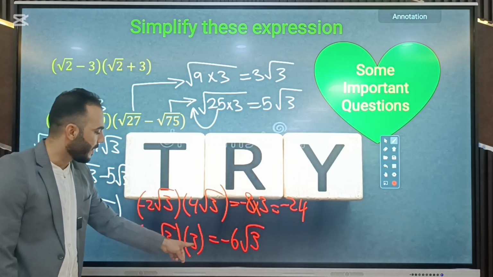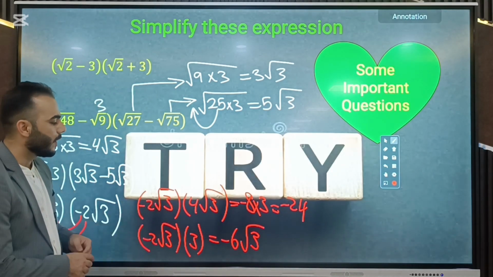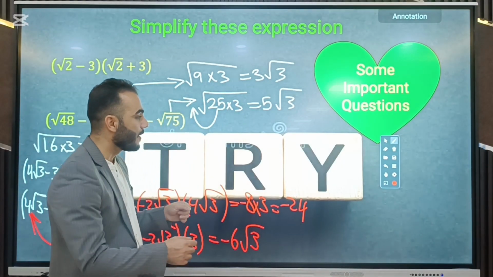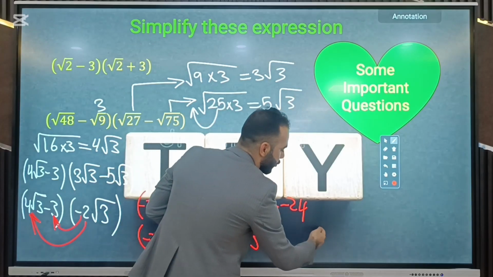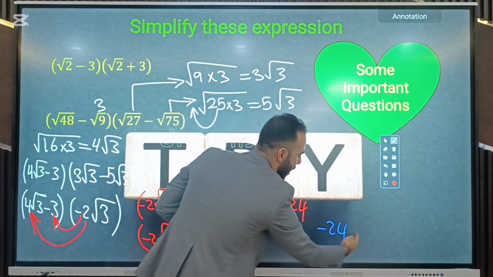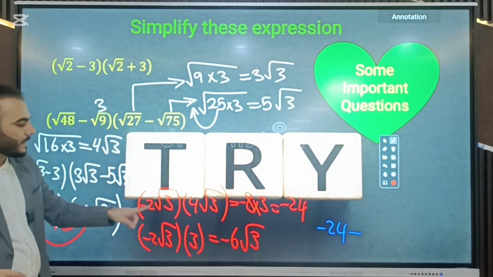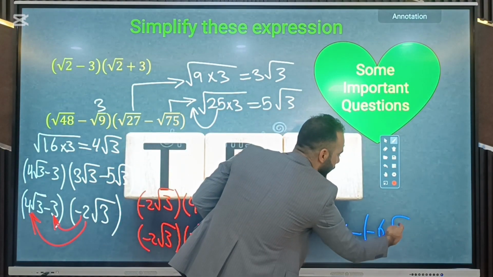That's why I just multiply that number by the coefficient, then rewrite the square root with it. So negative 6 square root of 3. So right now the final result is negative 24 minus, why minus? Because there is minus here. Minus negative 6 square root of 3.